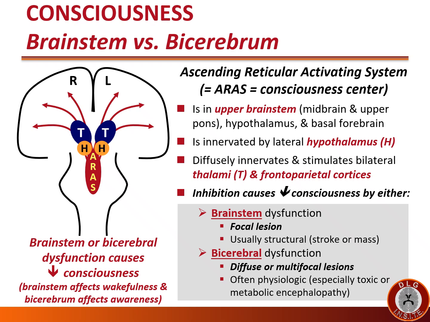Its inhibition, the ARAS's inhibition, causes decreased consciousness by either brainstem dysfunction, which is usually due to a focal lesion, such as a structural lesion, such as a stroke or mass, or bicerebral dysfunction, which is usually due to diffuse or multifocal lesions within the cerebrum, which is most commonly physiologic in nature, such as a toxic or metabolic encephalopathy. And again, to remind you, the brainstem affects primarily wakefulness, and bicerebrum affects primarily awareness.